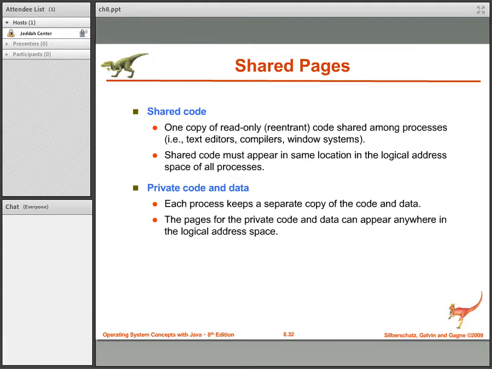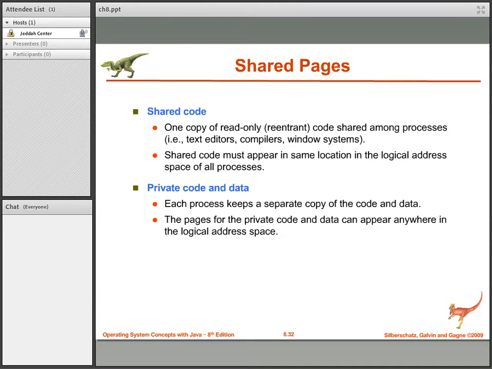Examples are text editors, compilers, Windows systems, and so on. This shared code must appear in the same location in the logical address space of all the processes.